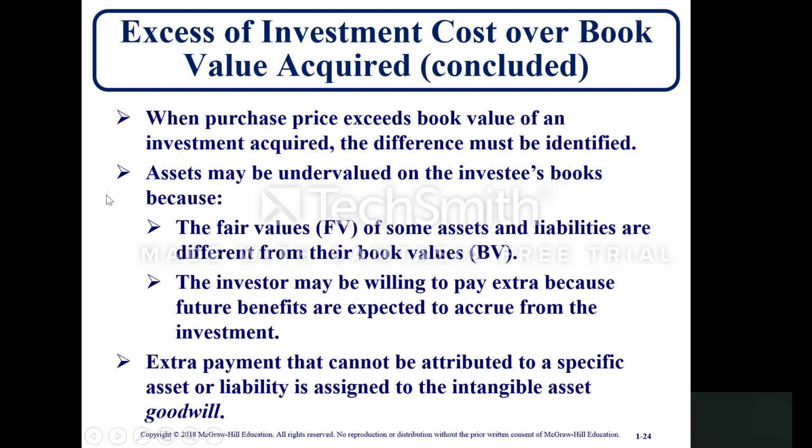The asset may be undervalued on the investee's books because the fair values of some assets and liabilities are different from their book values. The investor may be willing to pay extra because future benefits are expected to accrue from the investment, or extra payment that cannot be attributed to a specific asset or liability is assigned to the intangible goodwill.